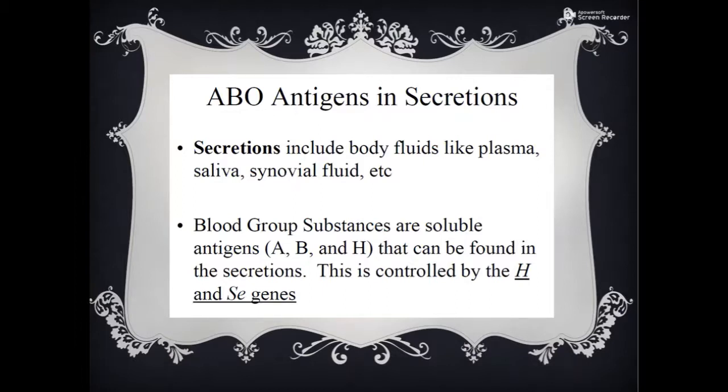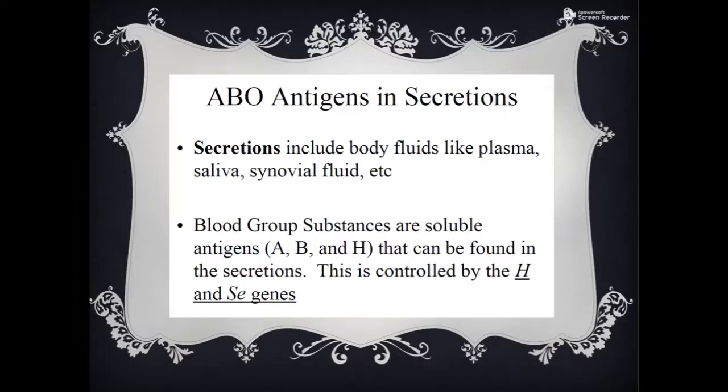Those people who express these ABO antigens in their body fluids are considered to be secretor positive, and those who do not express these soluble antigens in their secretions are considered to be non-secretors.